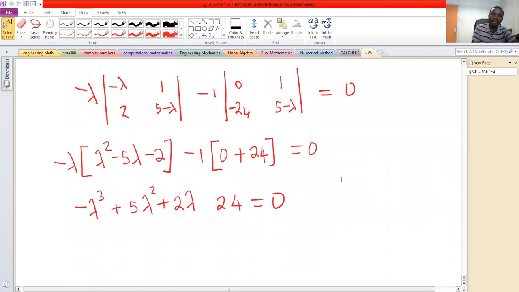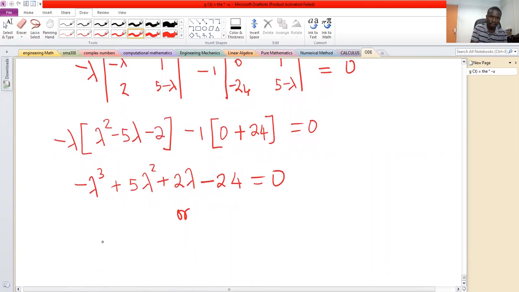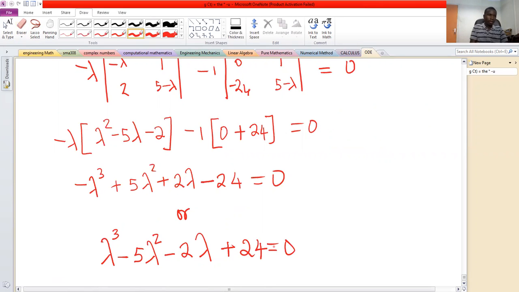So then here we'll have minus 24. Was 0 minus minus 24, that's positive here. Dividing through by negative, we'll have lambda cubed minus 5 lambda squared minus 2 lambda plus 24 equals 0.